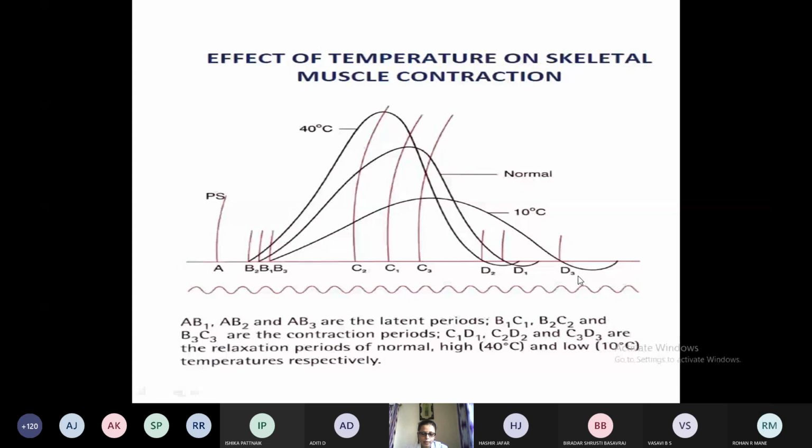I will repeat it again. The cold Ringer solution increases the duration of all the muscle contraction phases and decreases the height of contraction. See here, from point B3 to D3, the contraction phase is increased compared to the others.